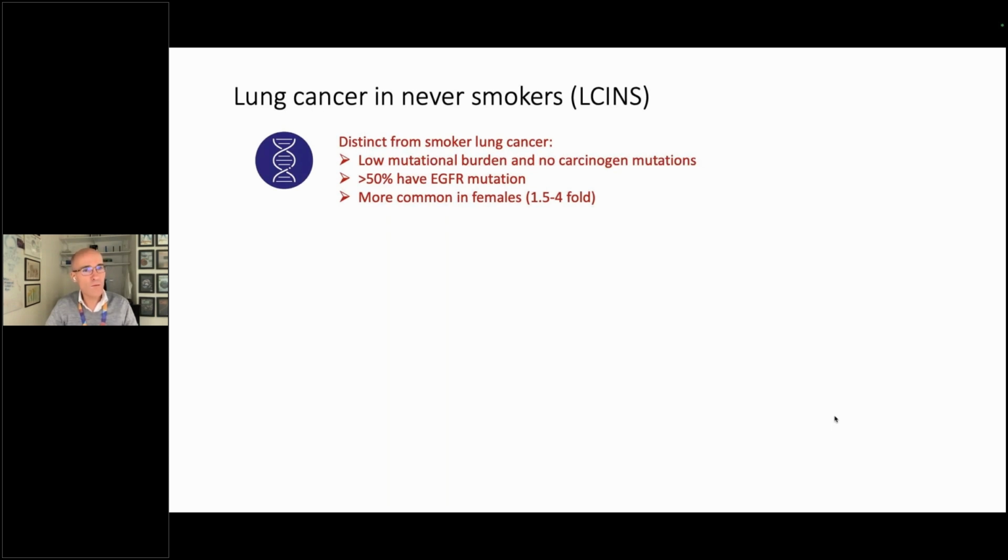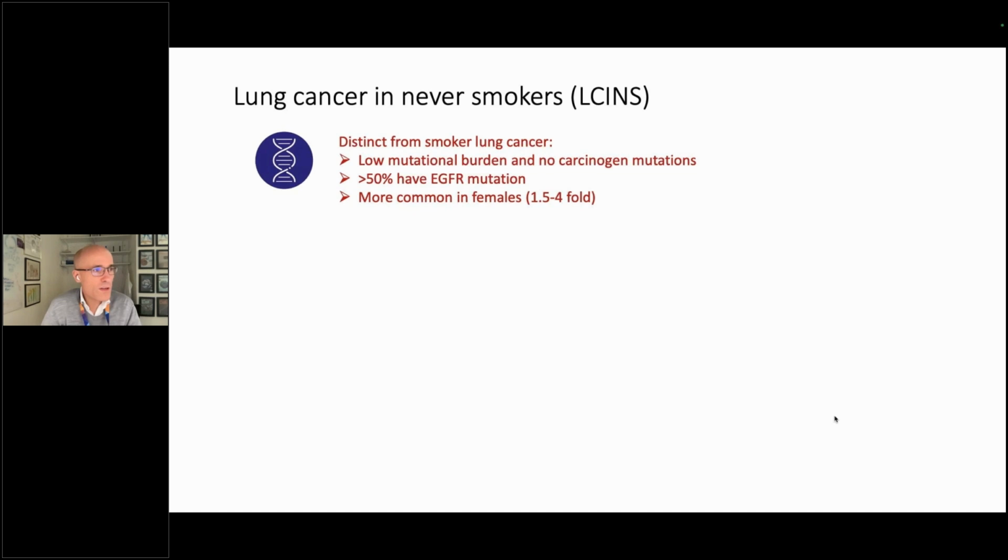Now, it's distinct from smoking-associated lung cancer, in that when you sequence these tumor genomes from patients with never smoking lung cancer, they have a very low number of DNA mutations. And 50% of patients with this disease have a mutation in a specific receptor called the epidermal growth factor receptor, EGFR, which I will mention numerous times in my talk.